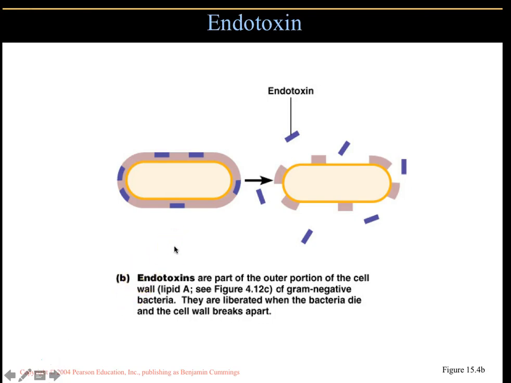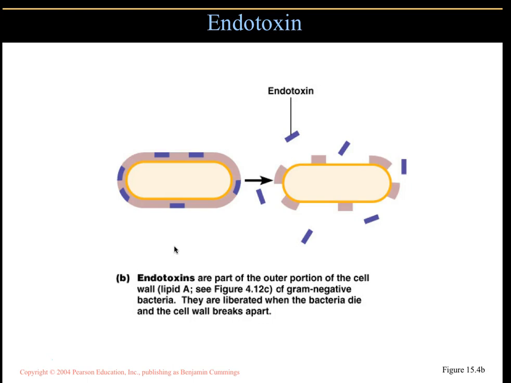Okay, there are two broad categories of toxins: endotoxins, E-N-D-O, and exotoxins. So endotoxins mean that the toxin is within the bacteria itself while it's alive. And when it's alive, the endotoxin cannot hurt you.